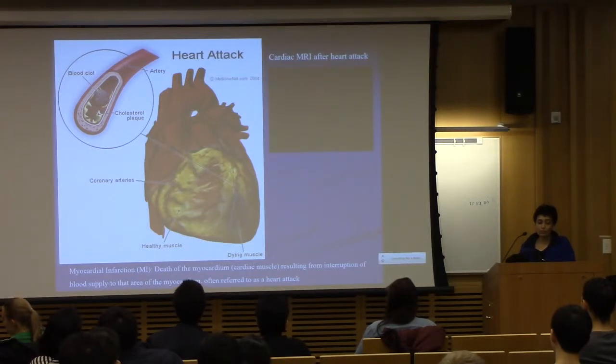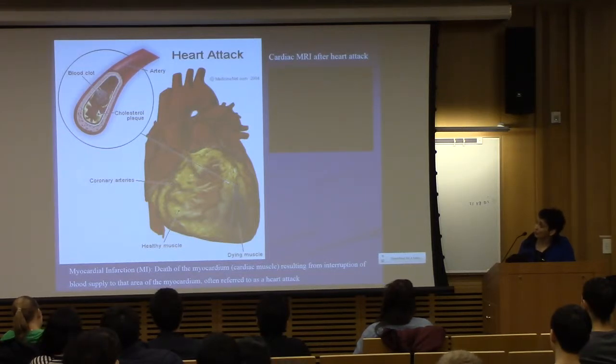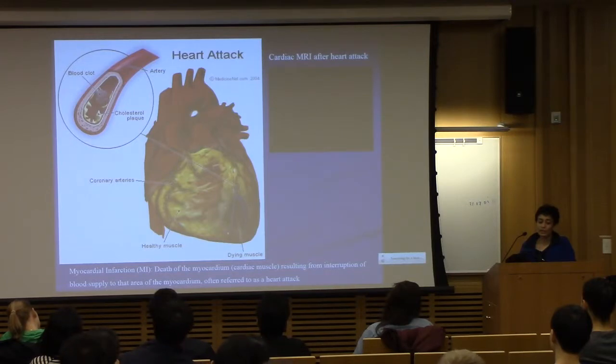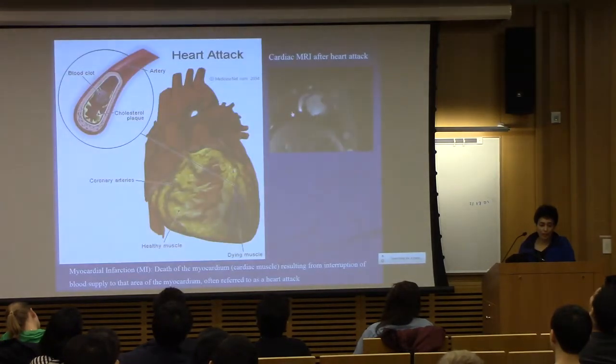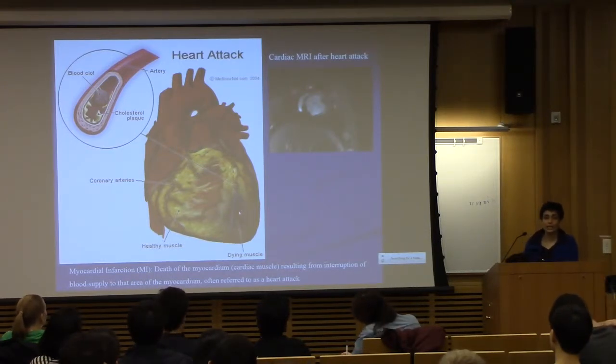So the problem with a heart attack is that it is caused, as you guys know, by a blockage, like a thrombus, in one of the coronary arteries, resulting in necrosis of the cardiac myocytes, and as a result, you have death of heart muscle cells, and the intrinsic regenerative capacity of the heart is very limited.